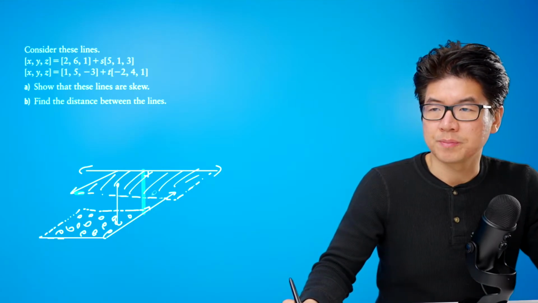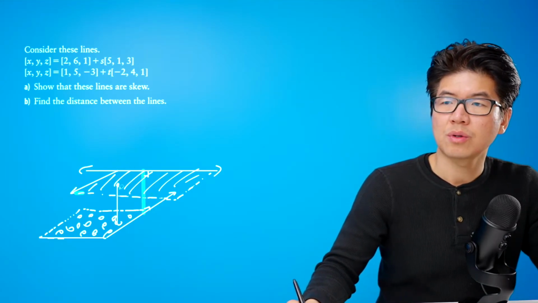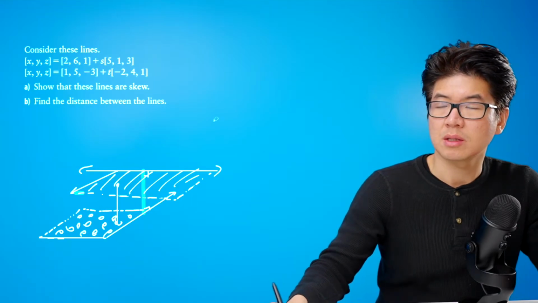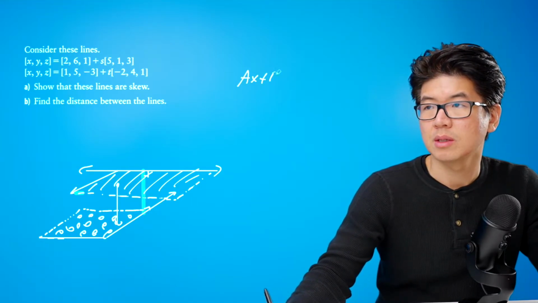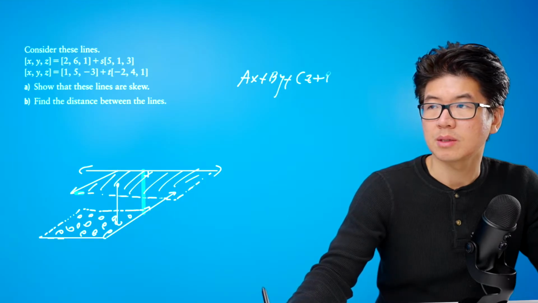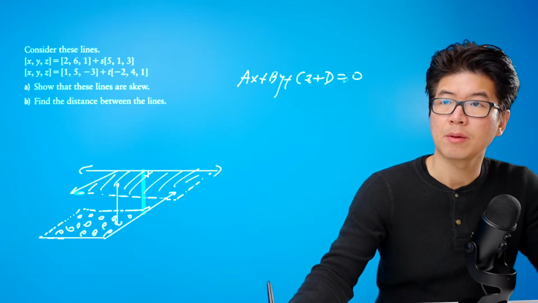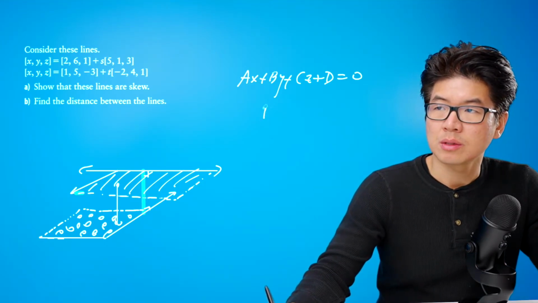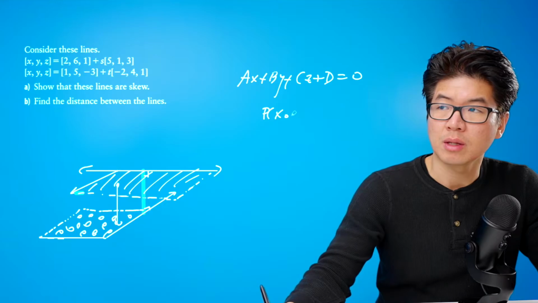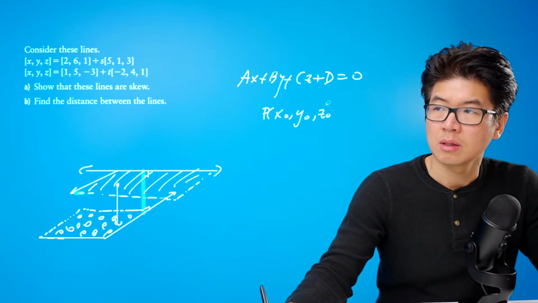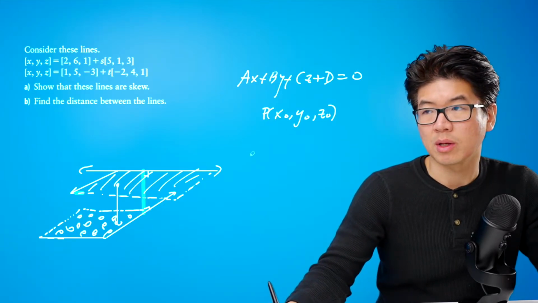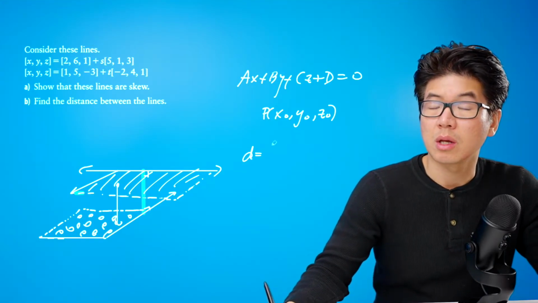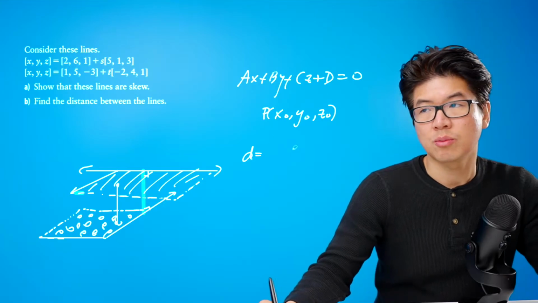All right, so one thing for this question, once we have a plane, let's say ax plus by plus cz plus d, the scalar equation of a plane, we can easily find the distance to a point that's not on the plane with the following formula. This is through scalar projection, which I'm not going to prove in this video.